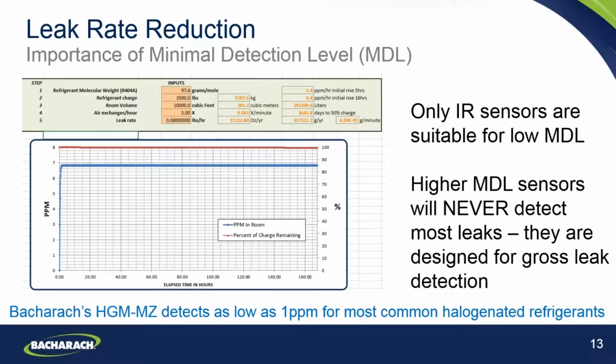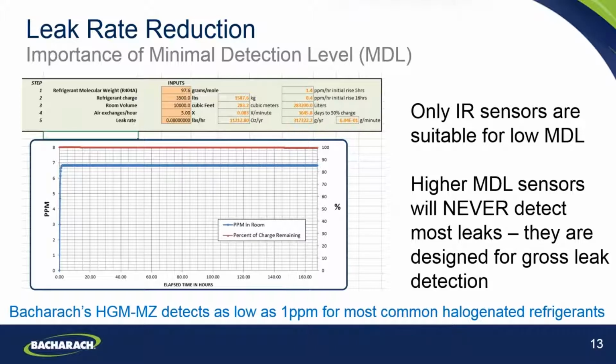So if we want to look at leak rate reduction as the goal of refrigerant leak detection, in those applications it's important to focus on what the minimum detection level actually means regarding which sensors you select. We can model the parts per million concentrations of a refrigerant leak, as you can see in the example given on the screen.